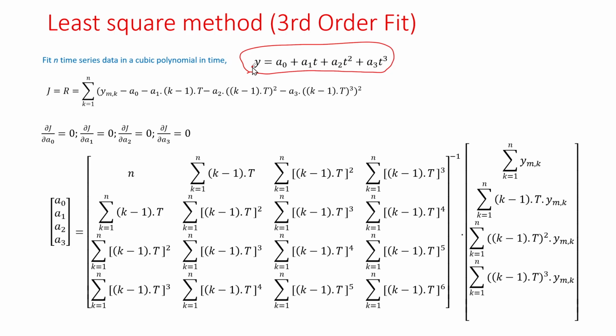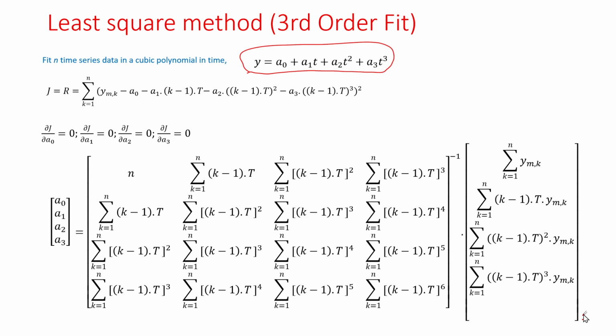So, A0, A1, A2, A3, you have 4 coefficients, and obviously your matrix size is going to increase because you are going for higher order fits. You can see it is a 4 cross 4 coefficient matrix and this is the other vector. With this you can get a third order fit.